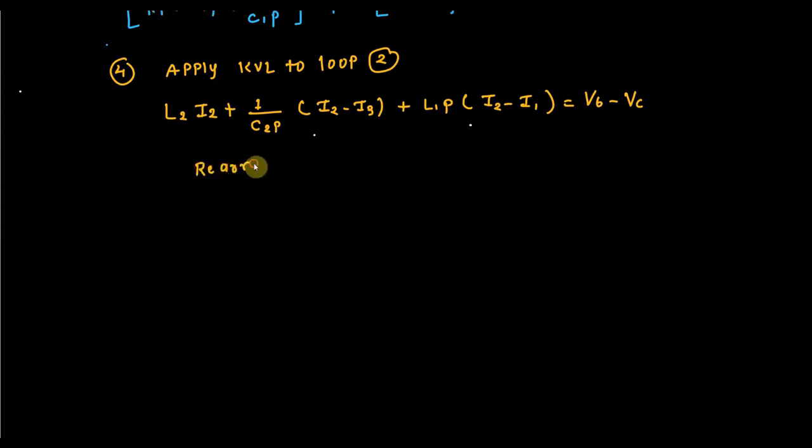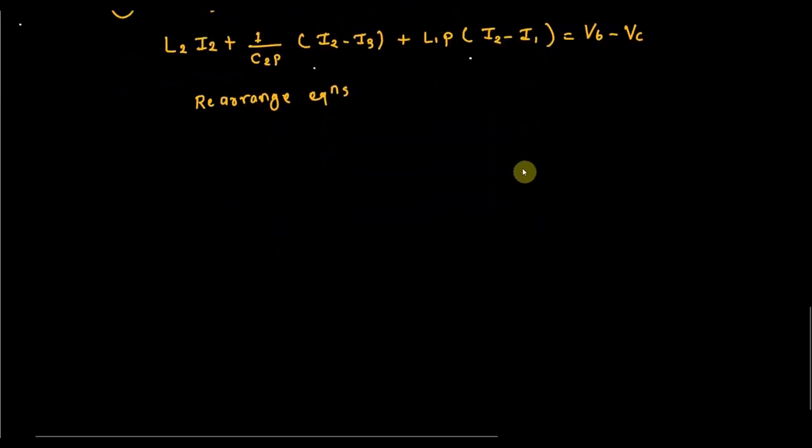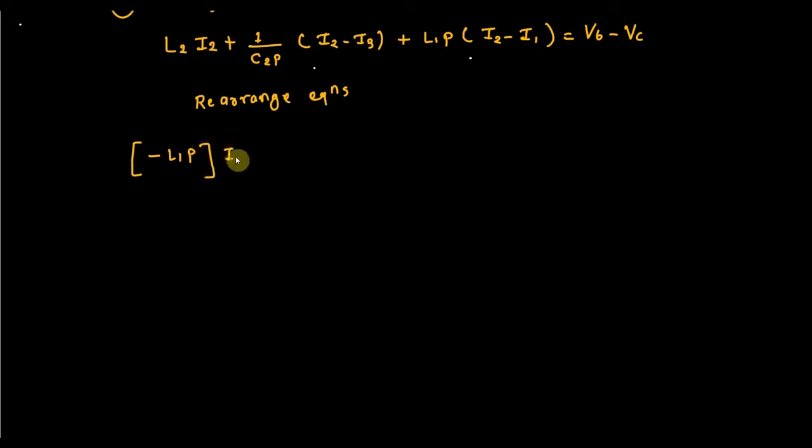Now rearrange the above equation 2. I will write in terms of I1, I2, I3 so that I can easily write the matrix. First the I1 terms: there is only one, minus L1P I1.